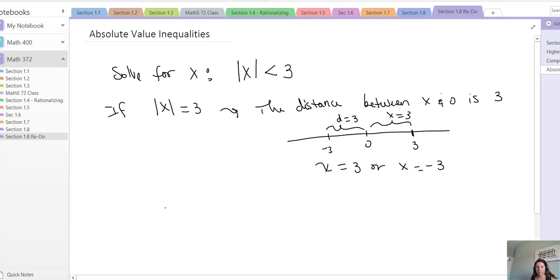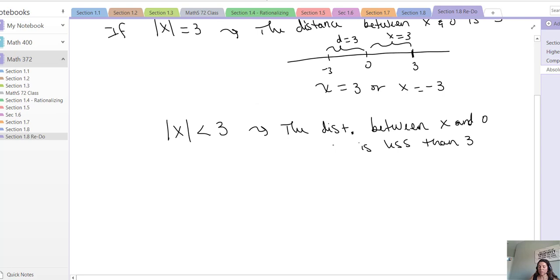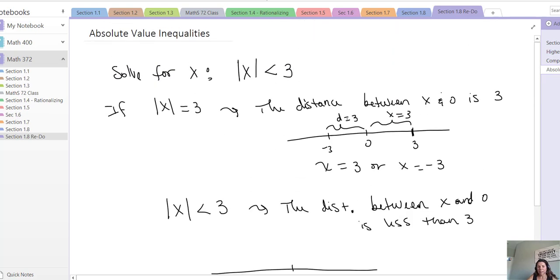So in our case, where we have the absolute value of x is less than 3, this is saying the distance between x and 0 is less than 3. As before, where it was exactly 3, we went x is equal to 3 or x is equal to -3. Now there's a range of values, right? So here's 0, where could x be if the distance has to be less than 3?